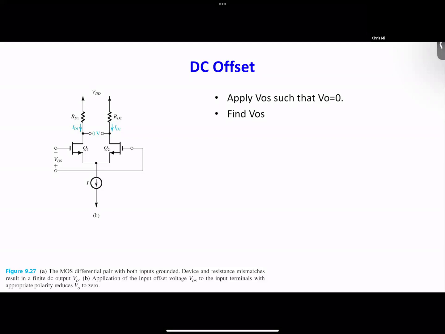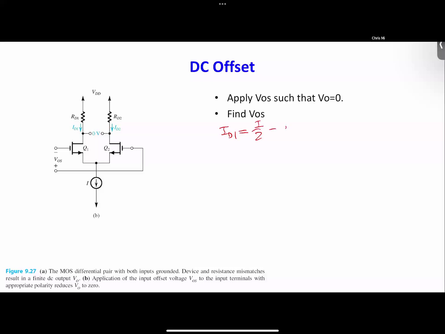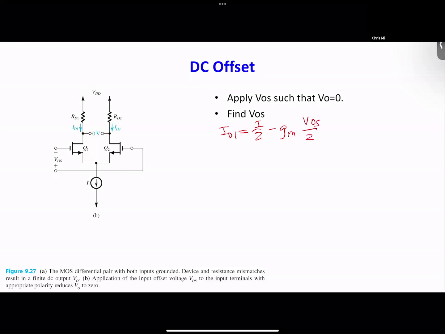So we're going to see that ID1 equal to minus GM, because this is going to be like a half over here, and this is going to be, so okay, just like this, right?